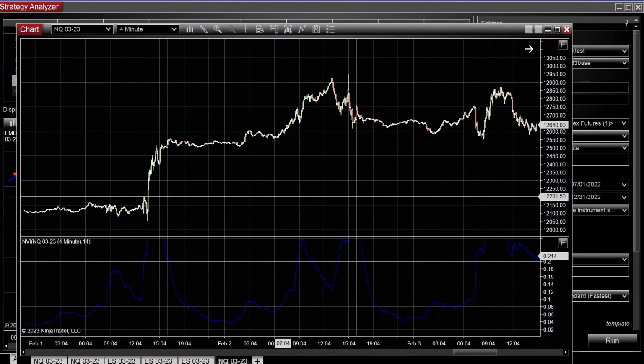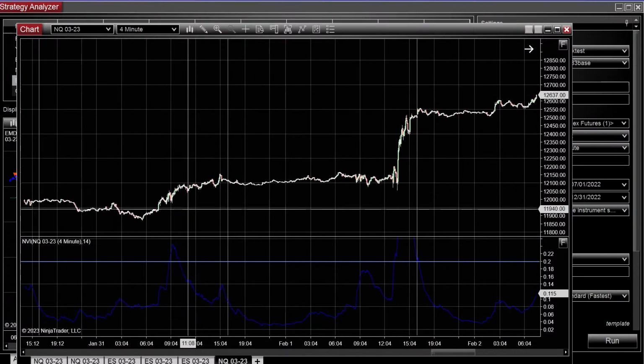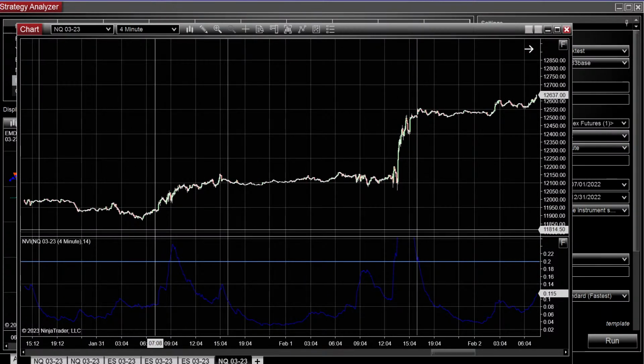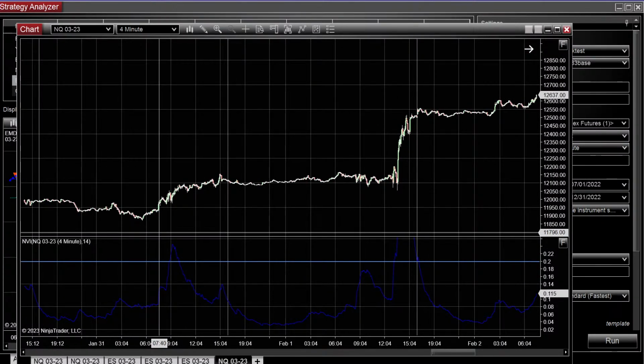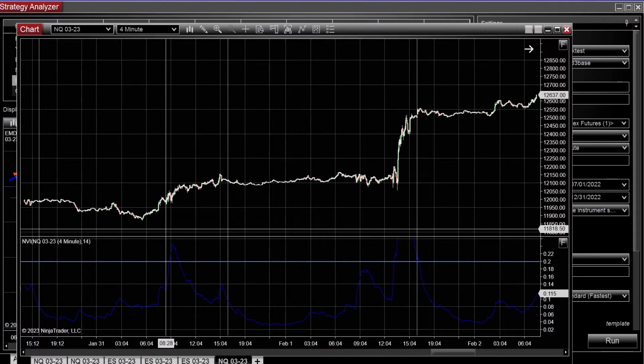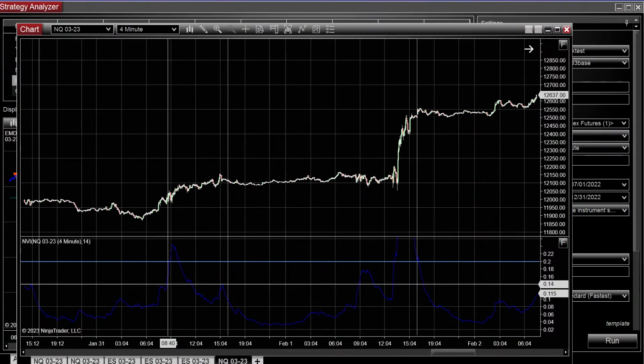Look at the previous market open. Where are we at? So it's kind of right here. So that looks like it's 0.1 point.